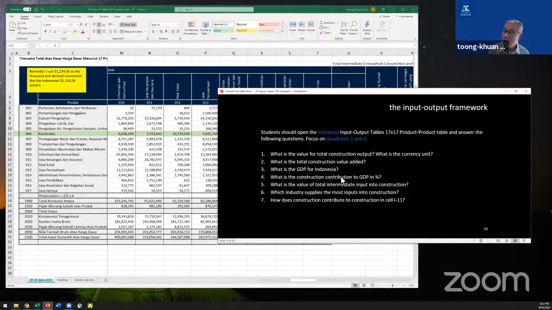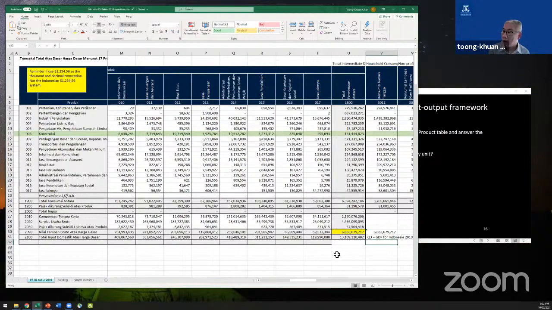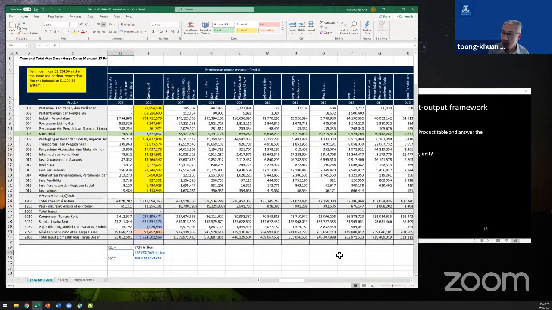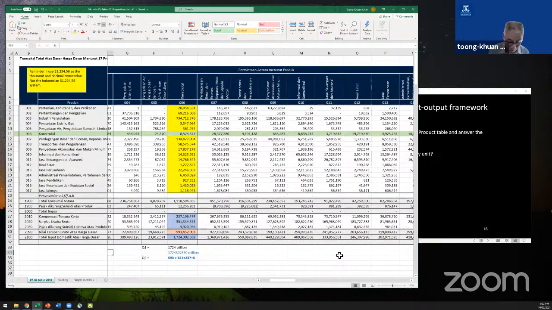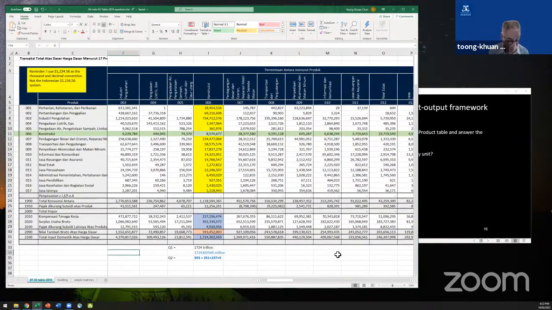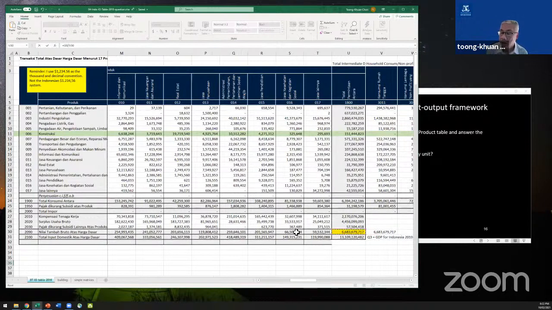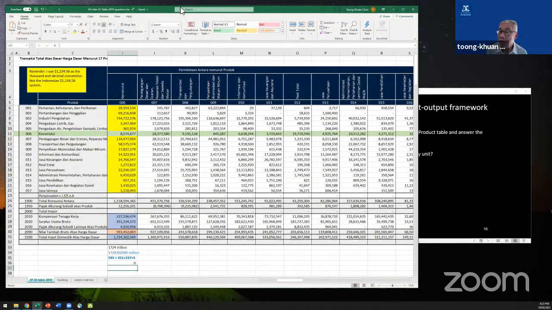It is just the total of all the value add. Okay, what is the construction contribution to GDP in percentage? Question 4, what is the construction contribution to GDP? So what you do is this: construction percentage is basically nilai tambah, this one, divided by this one, and you put a percentage.